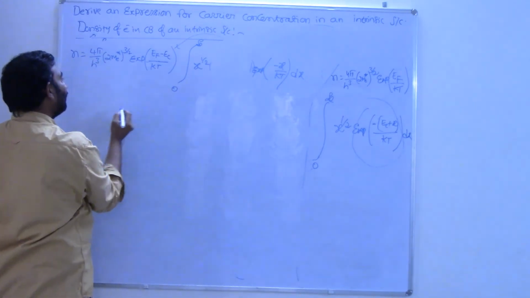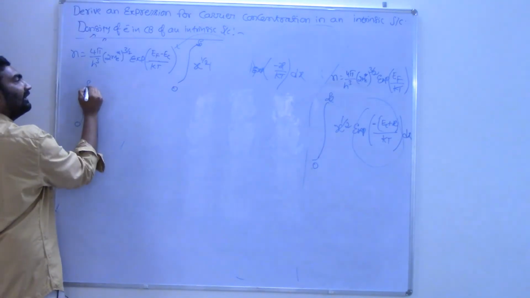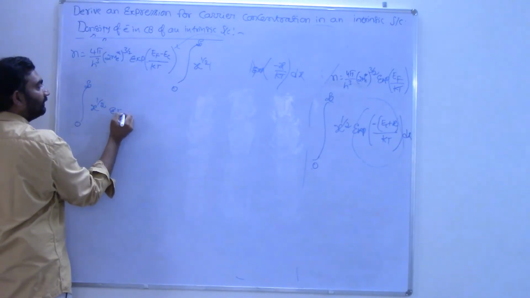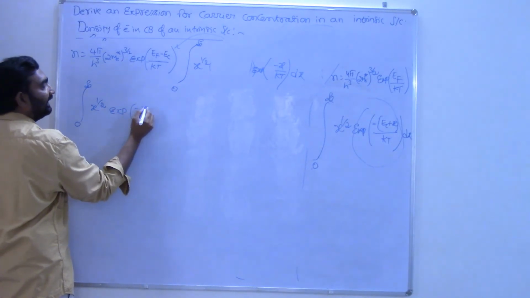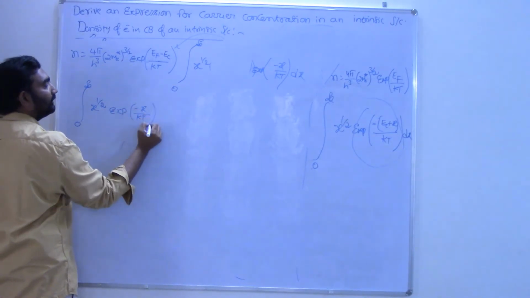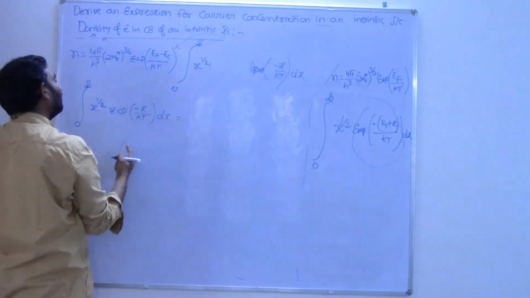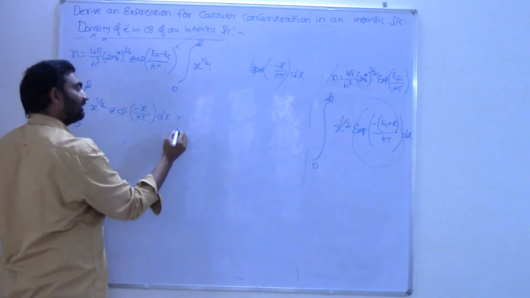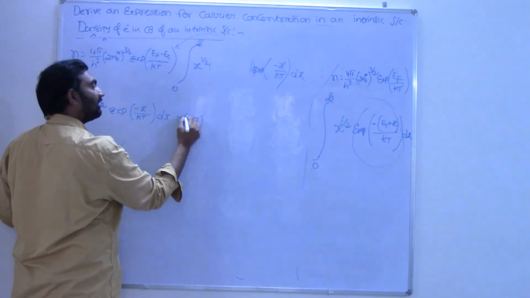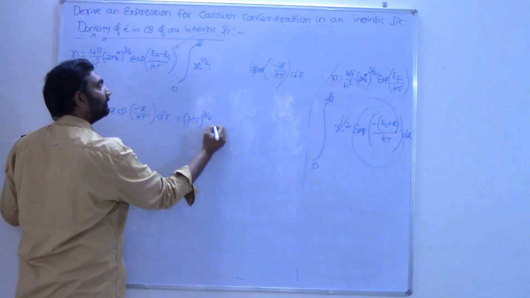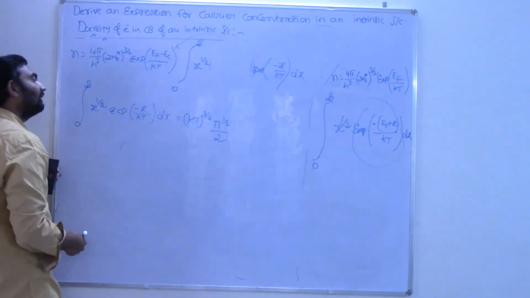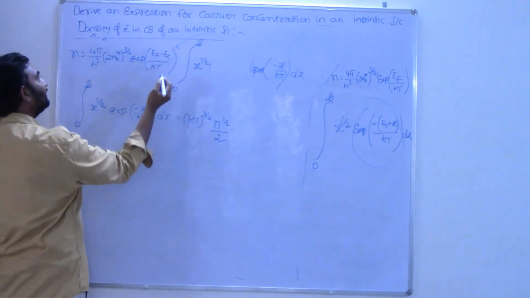Now what we have is the integration of 0 to infinity x to the power of half into exponential of minus x by kT into dx. You can solve this integration by using the gamma function, as (kT) whole to the power of 3 by 2 into root pi by 2. So just plug in this value in the above equation.